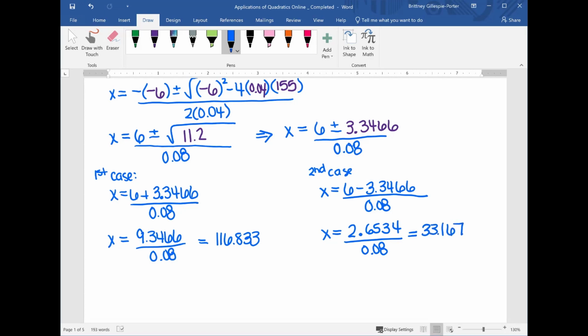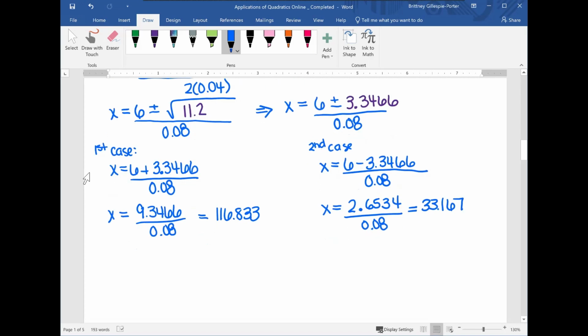Notice that both of these answers are positive. If one were negative, we would have to throw it out. But here, we get to keep both answers. So our first answer was 117 because we're going to round to the nearest whole computer. And the other one is 33.